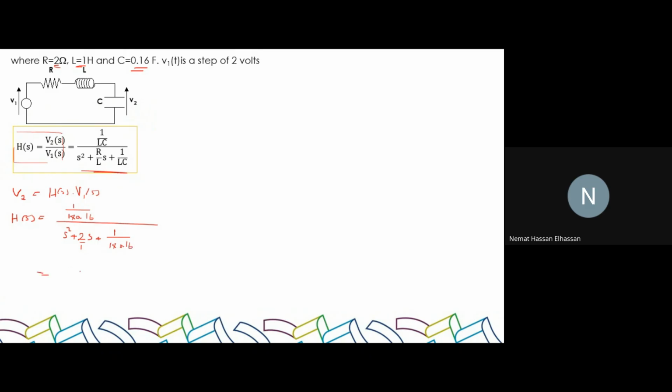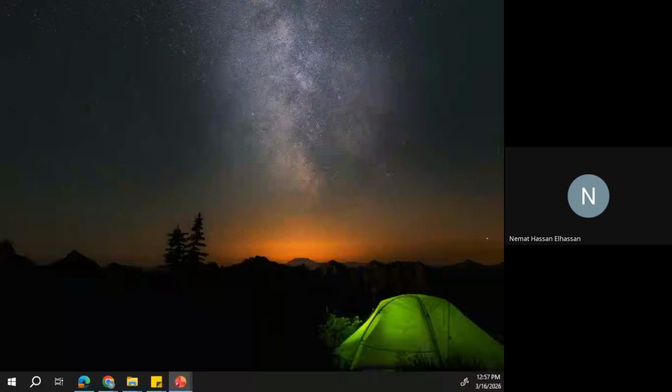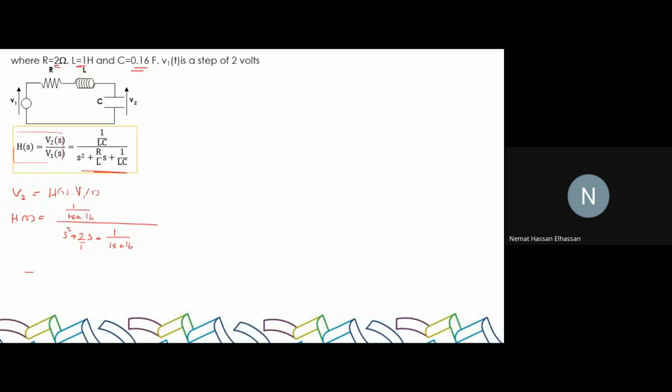So H of S is equal to 6.25, which is 1 over 1 times 0.16, divided by S squared plus 2S plus 6.25. So we just substituted, that's step one. We ended up with the transfer function.